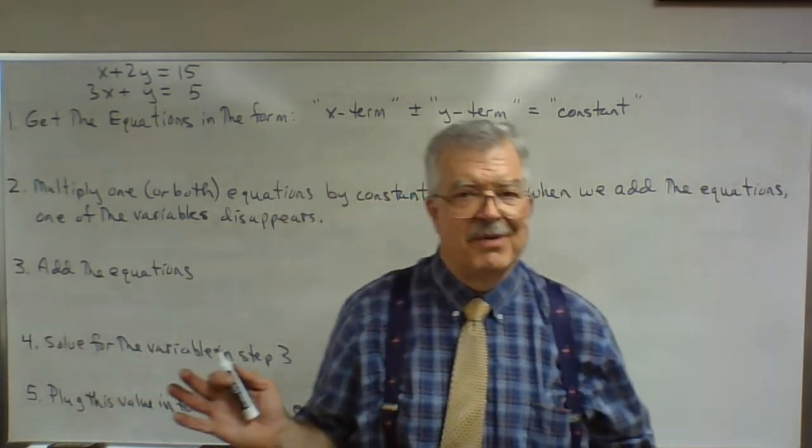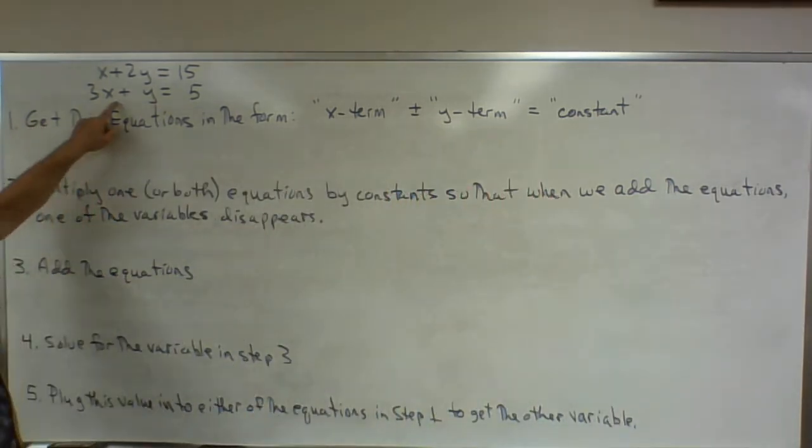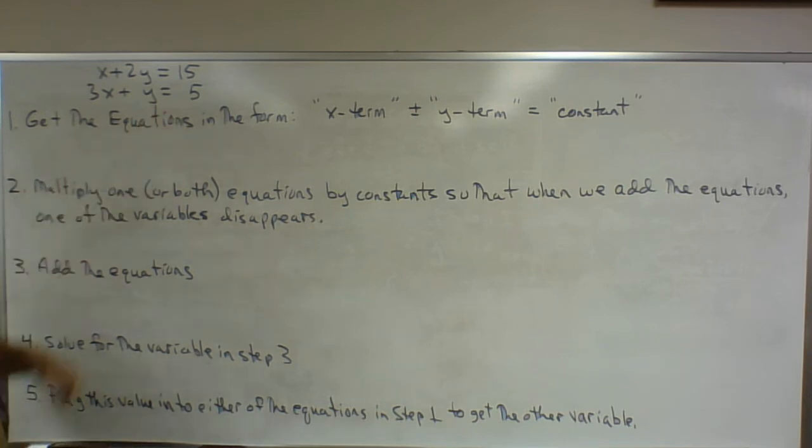Okay, it's already done for us. Step 1 is done. Second step, multiply one or both of the equations by constants so that when we add the equations, one of the variables disappears.